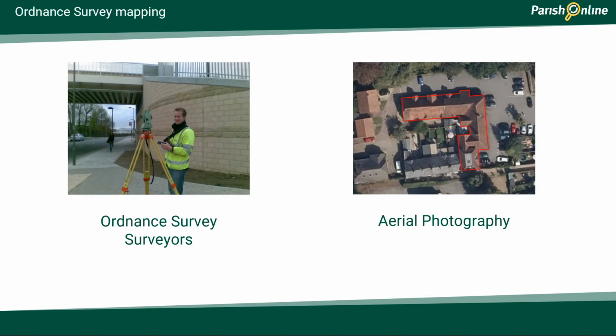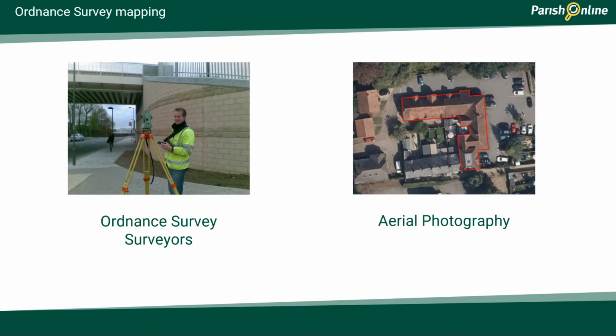And that data comes from a variety of sources, and the 2 main ones are from Ordnance Survey surveyors who go out in the field and take total stations and GPS equipment out with them.